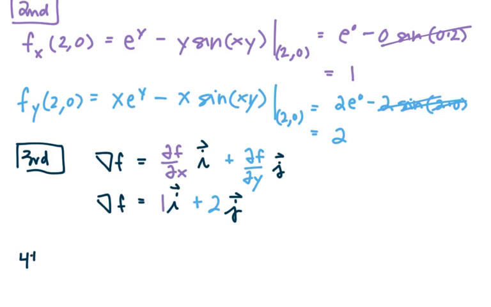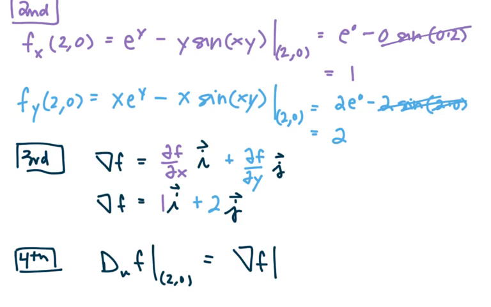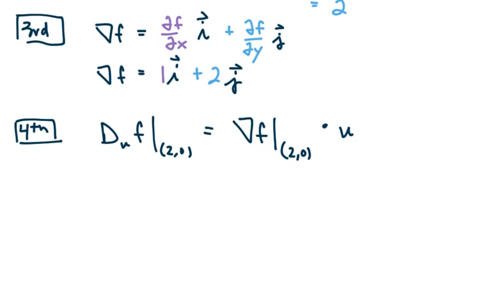Therefore, my directional derivative, the derivative in the direction of u of this function evaluated at 2, 0, is going to be del f evaluated at 2, 0, dotted with u. So we know what that del f is. We just found that. That is i plus 2j. And we're going to dot that with u.